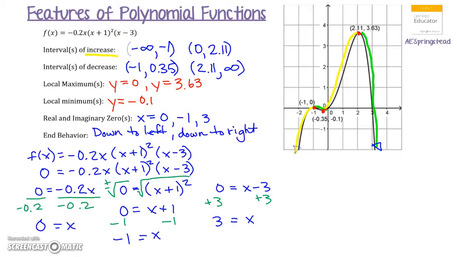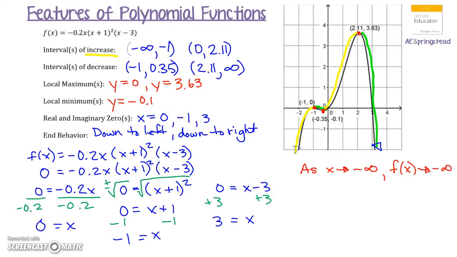There is another way to write this, and that is using our f of x and x, and using arrows to indicate where our x values are going. So one way we can say it is as x approaches negative infinity, so in other words, as we're going to the left, what's happening to our f of x values or y values? In this case, they're going down, which means that the y values are also approaching negative infinity.